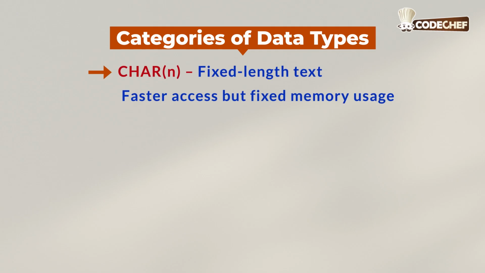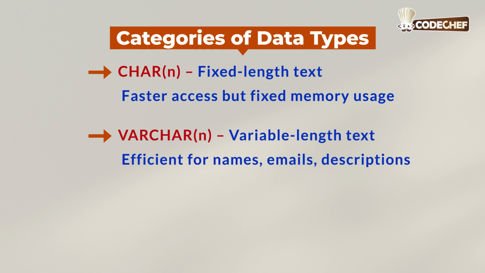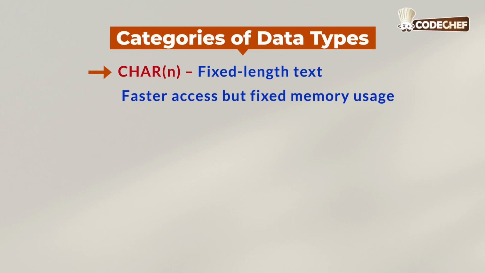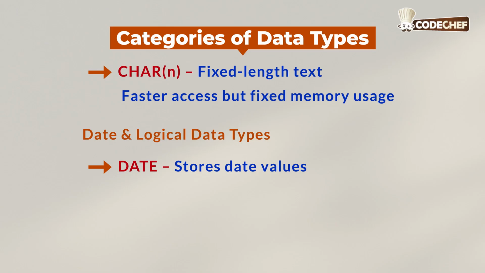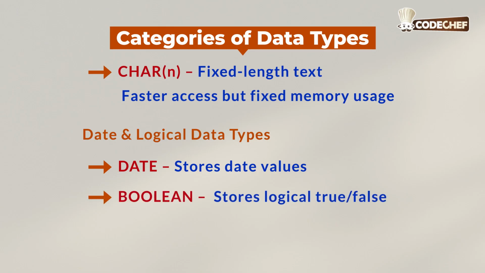So if you see, varchar is used to store text whose length is variable, but char is used to store text that is fixed in length, and it has faster access but fixed memory usage. Then the next category is date and logical data types. It can be used to first store date, and then second boolean. Boolean means it stores logical true or false.